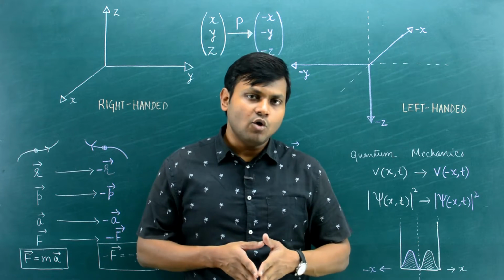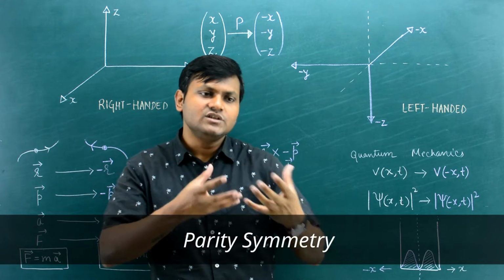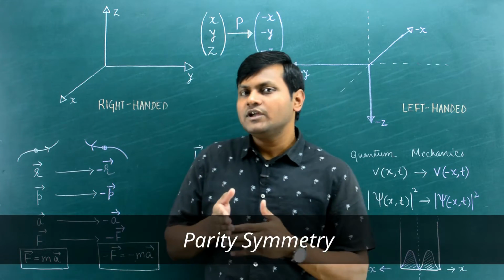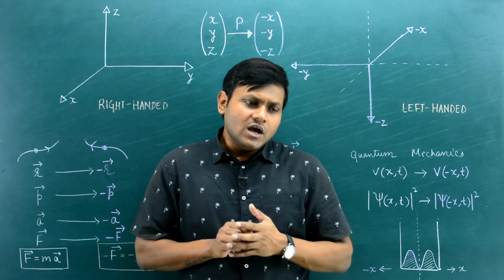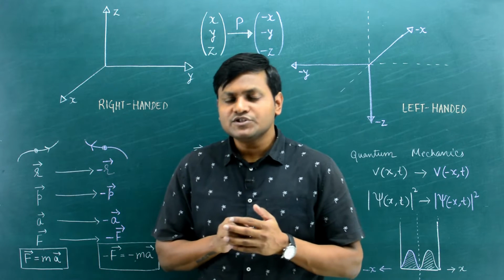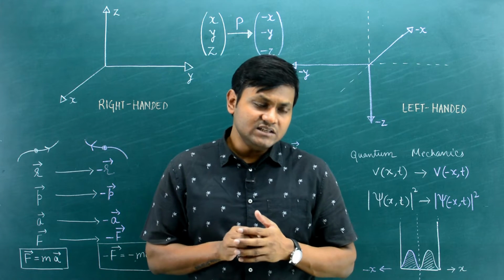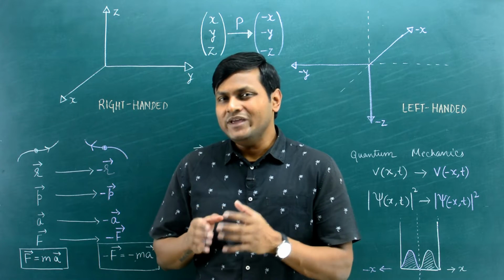This is what is called parity symmetry. This is a supposition that the universe is symmetric with respect to left and right. This idea was held to be true for a long time before it was shown around the 1960s that it was violated, especially when it comes to weak interactions.